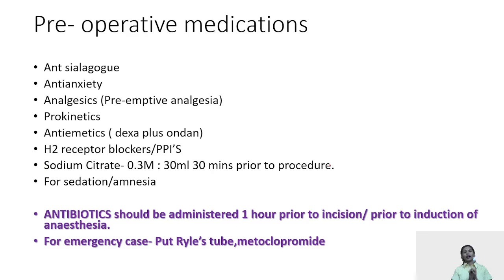Moving to the last of the slides, which are the pre-operative medications that the patient has to be given. The first are the antisialagogues, to decrease the secretions: glycopyrrolate, atropine or scopolamine.